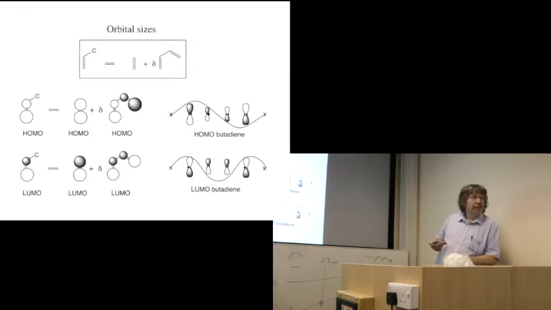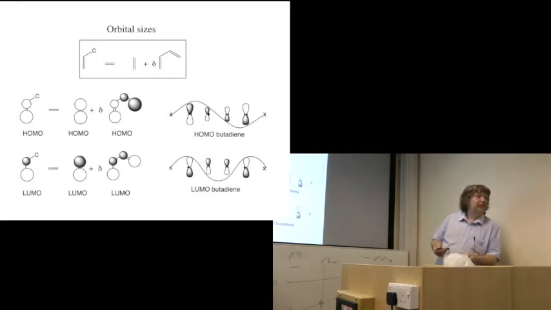In terms of the orbital sizes, then, what happens when you extend conjugation on ethylene? Here's ethylene, you mix in butadiene HOMO, so you can see that that is going to be bigger than this. Now, at this point, we have to do something rather different, because so far, we haven't really worried about the sizes of orbitals when we draw the orbitals of, say, butadiene or pentadiene, things like that.